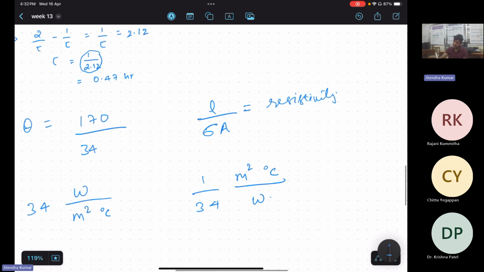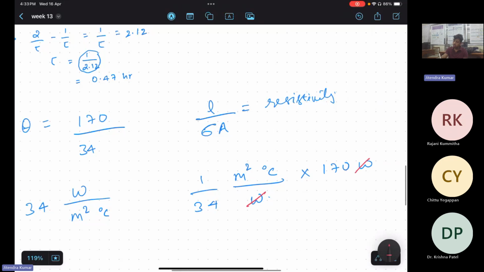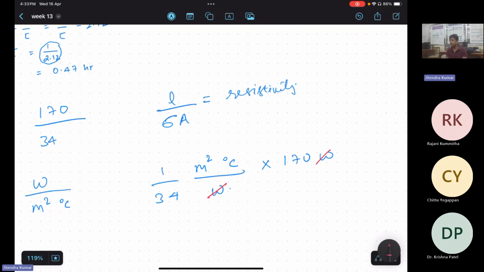Now it will be multiplied with watt so that this watt will go out. So 170 watt, right? This watt and watt will go out. Now the only thing that remains is area, right? Meter square is the unit of area. So now we have to divide with 0.25.